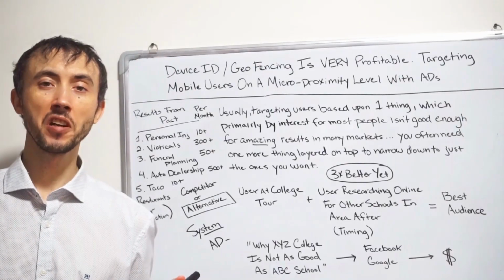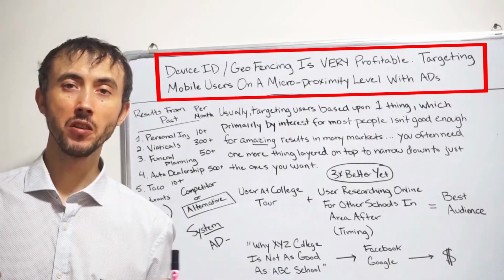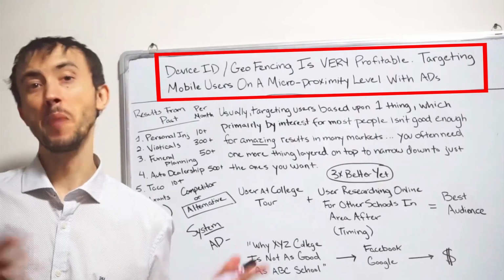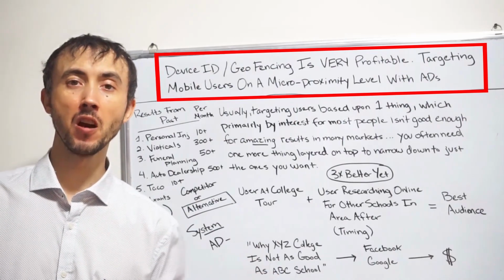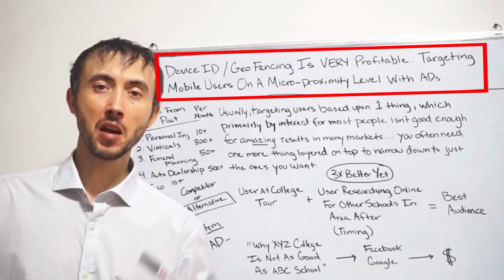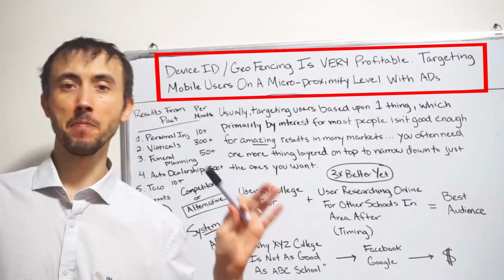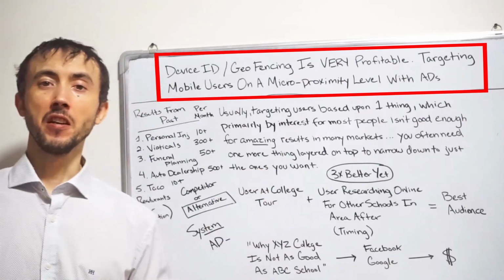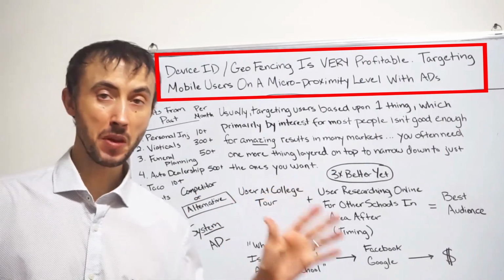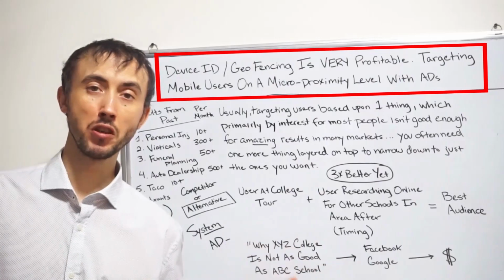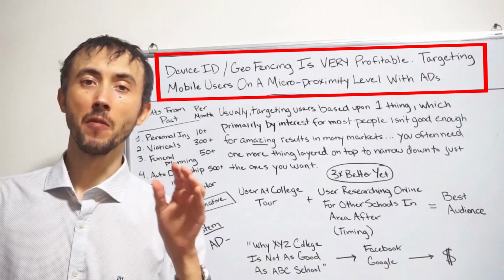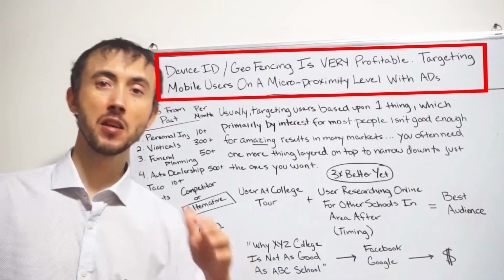Okay, on today's video, we're going to talk about how to target people online with banner ads or display advertising, however you want to call it, that were recently someplace, some landmark out there, some business, some public facility, and use that information that you have about the people being in that certain place that's relevant to your business, being able to target them with a banner ad or ad in general for that person when that person leaves at some point in the future.